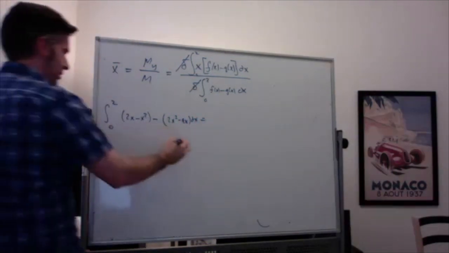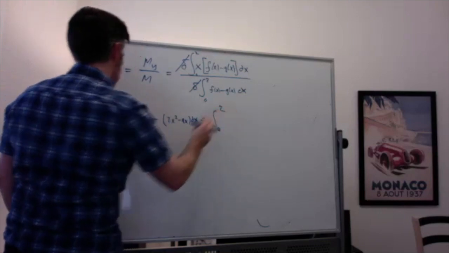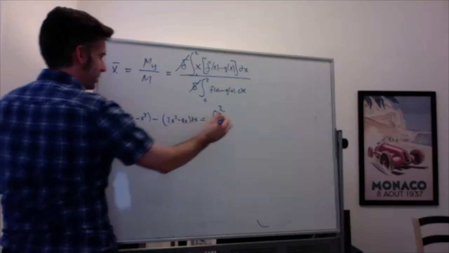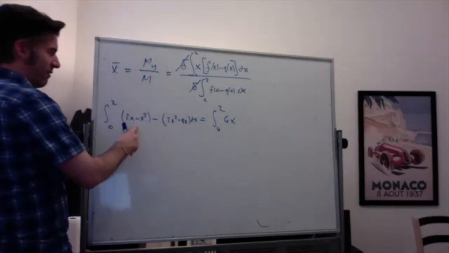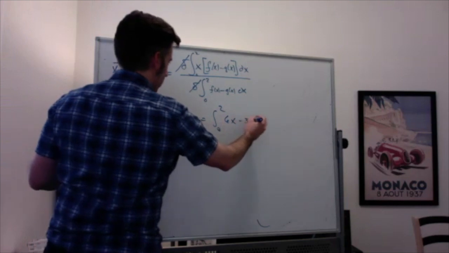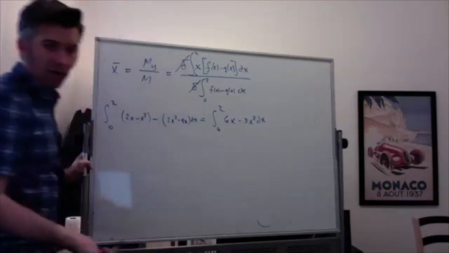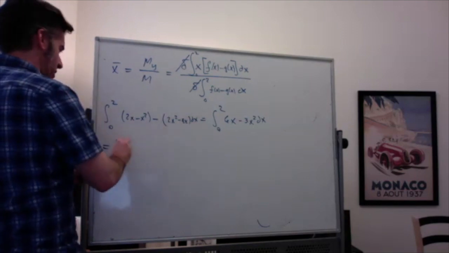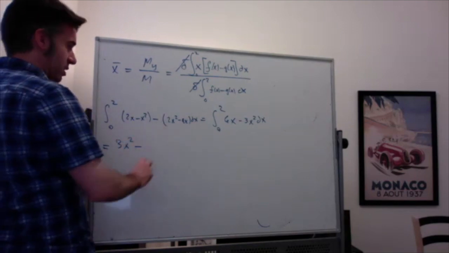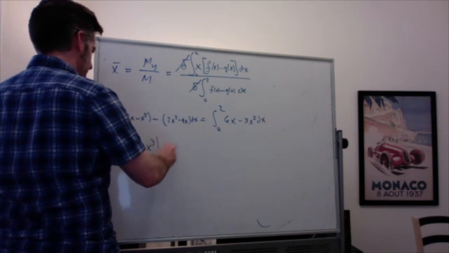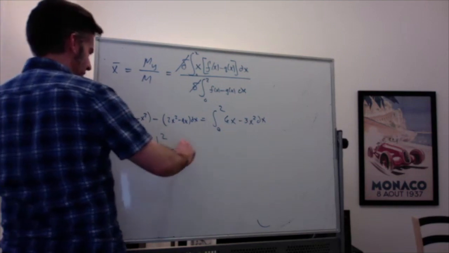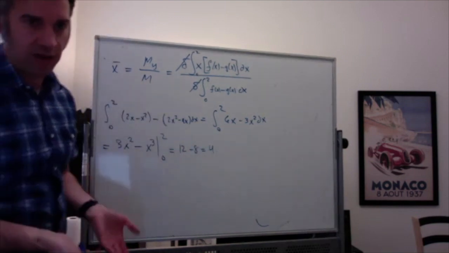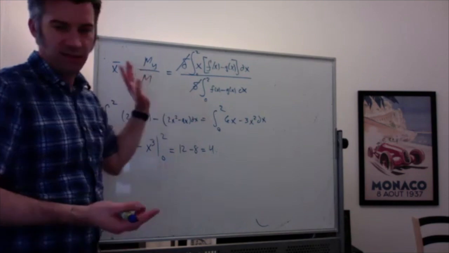Simplifying this, 2x plus 4x is 6x, and negative x squared minus 2x squared is minus 3x squared. Someone thought hard about making this problem turn out nice. So we're going to integrate this, we're going to get 6x squared over 2 minus 3x cubed over 3 from 0 to 2. Plug in 2, you're going to get 12 minus 8, which is 4. And that is the area of the region, and we don't have the density, it's fine.